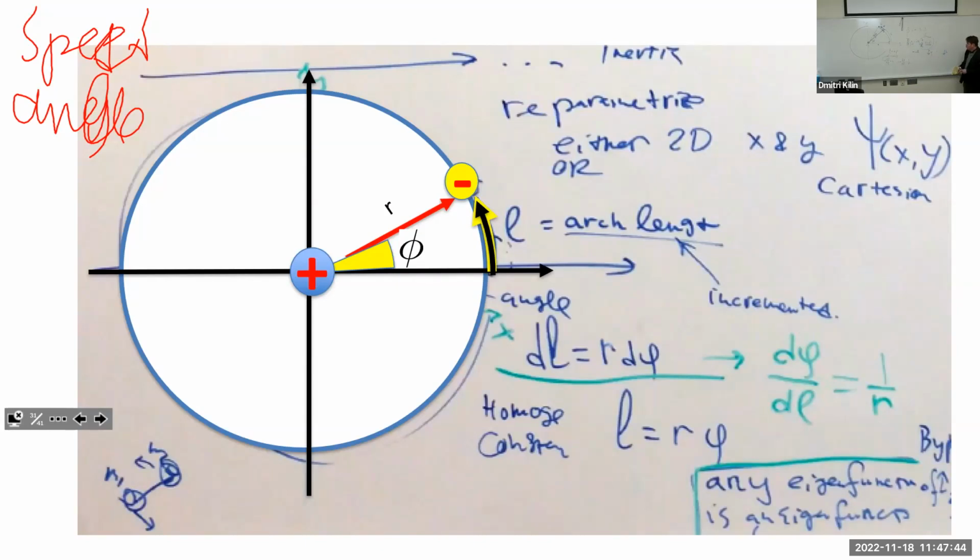But in order to practice the appropriate derivatives, we need dr over dl, right? So if you cancel this and this, it will be d over dl, right? And here, what do we do? D phi over dl.